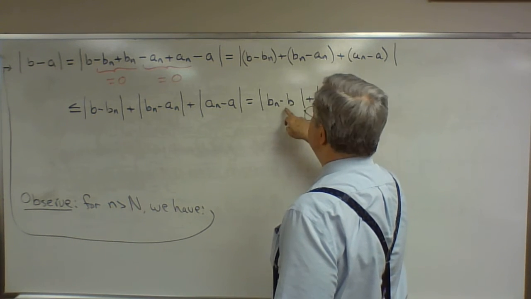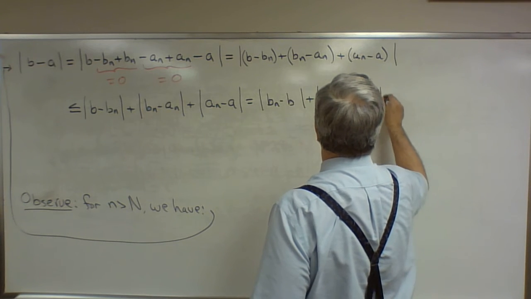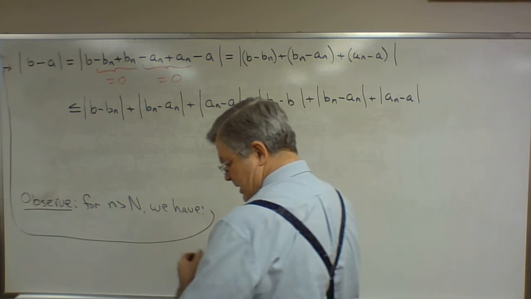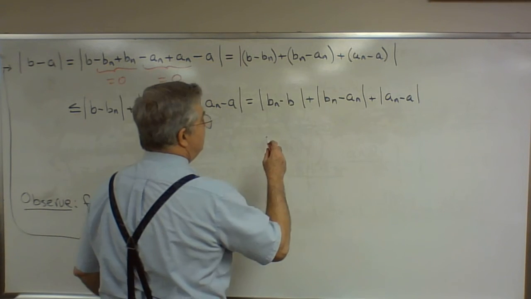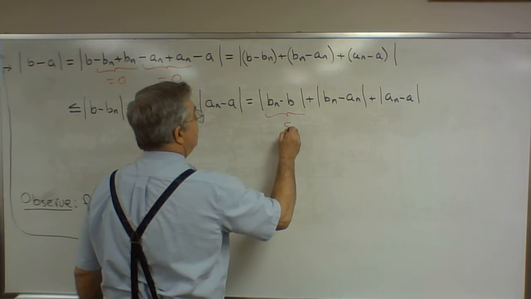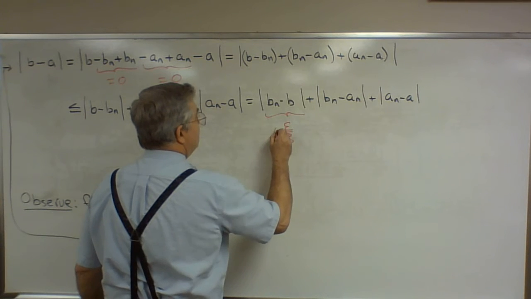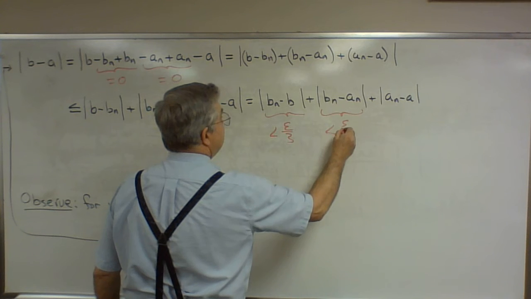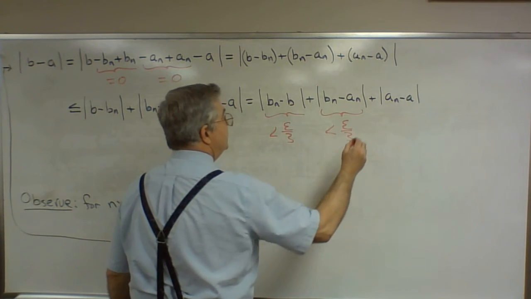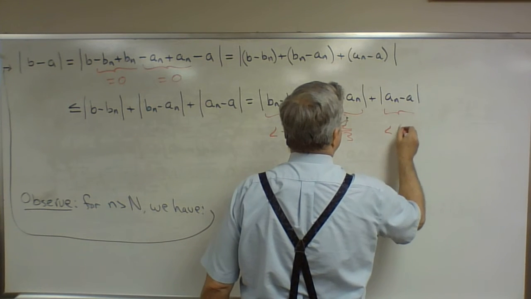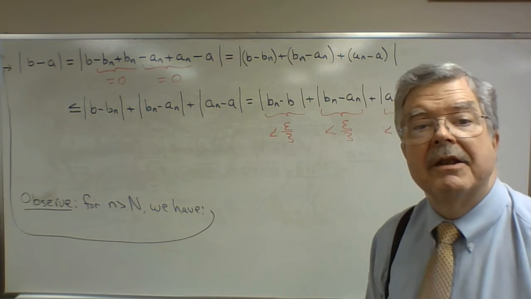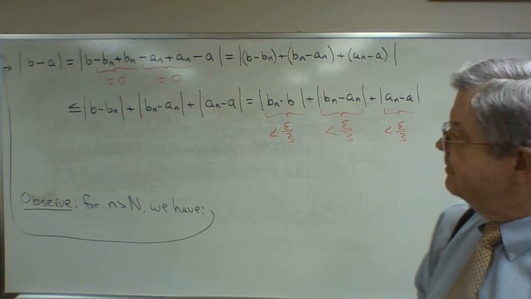That's better. B sub n minus b. And oh my goodness, we know what all three of these things are. Less than epsilon over 3, less than epsilon over 3, less than epsilon over 3. And can we see that? Yeah, I guess we can.